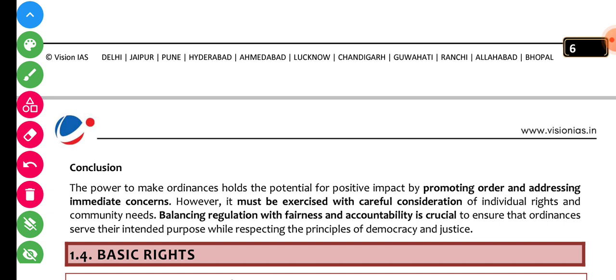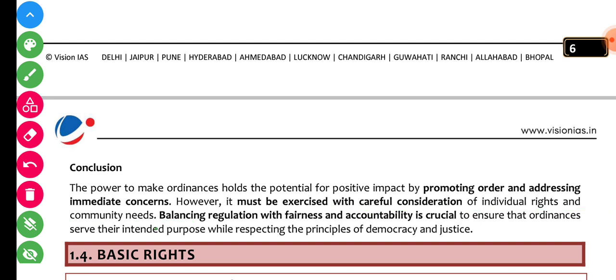To promulgate an ordinance, the president or the governor has the power to make ordinances, which holds the potential for positive impact by promoting order and addressing immediate concerns. However, it must be exercised with careful consideration of individual rights and community needs.